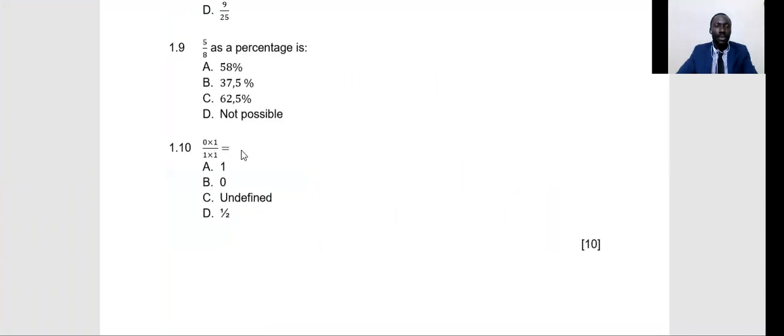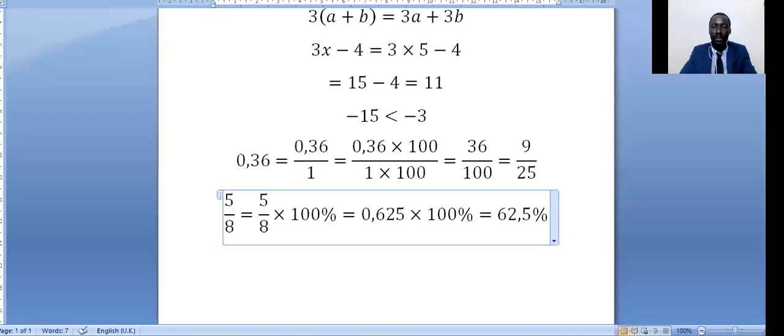Then the last question for part 1 is 0 times 1 divided by 1 times 1. What would be the solution of this? Let's see what comes out.